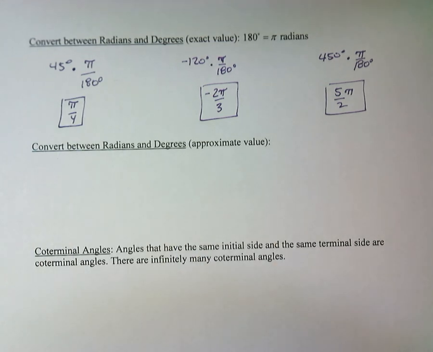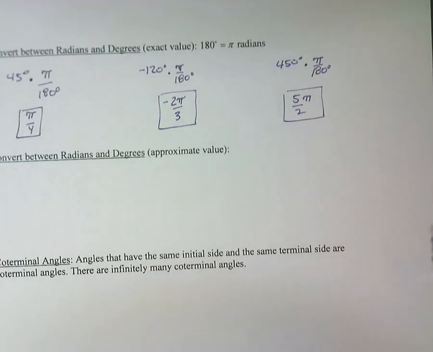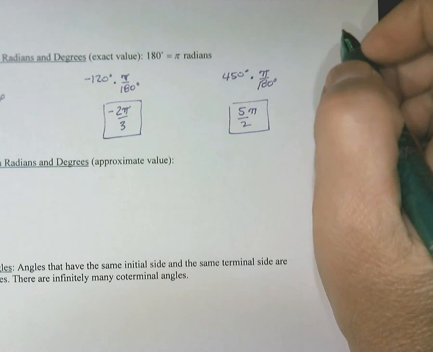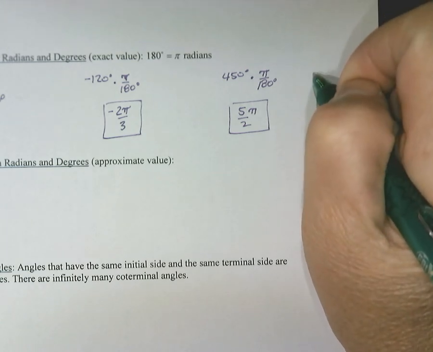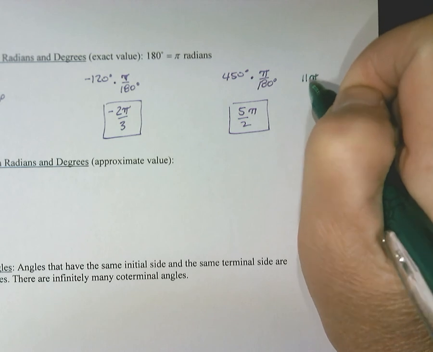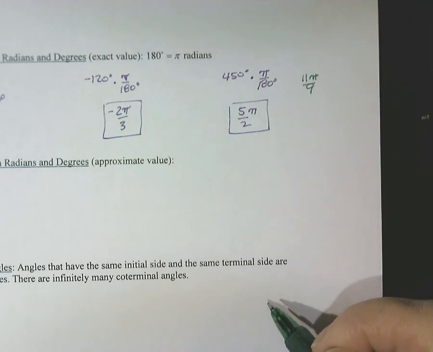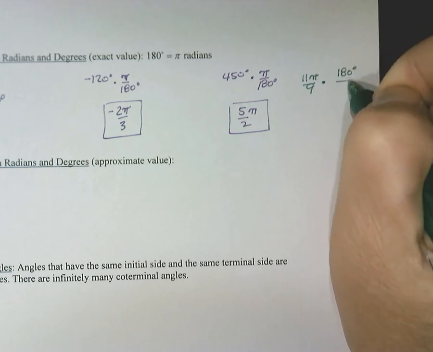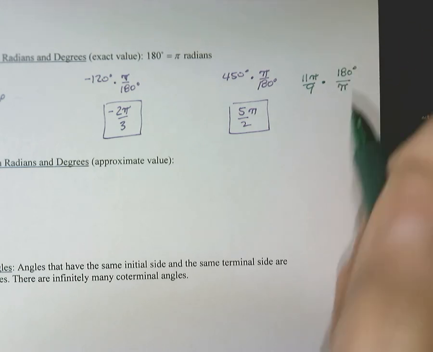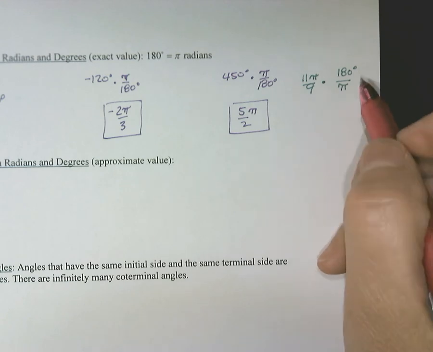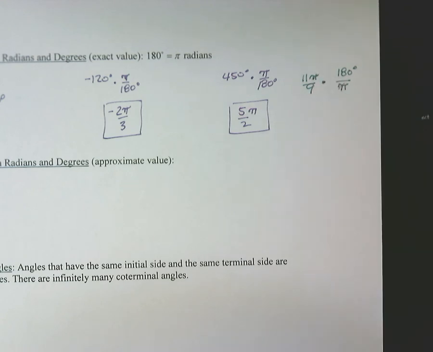If I want to do radians to degrees, so let's say I had 11 pi over 9 radians, and I want to convert that to degrees. I'm going to multiply it by 180 degrees and divide by pi. So I'm left with degrees because pi's cancel out.